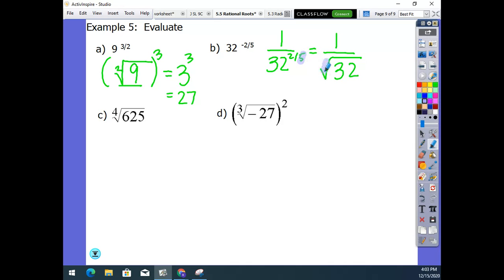Move the denominator to the corner and put the numerator, the exponent, on the outside. Now, the fifth root of 32, using your square card, you can see is 2, keeping the 2 in the exponent, and 2 squared is 4.